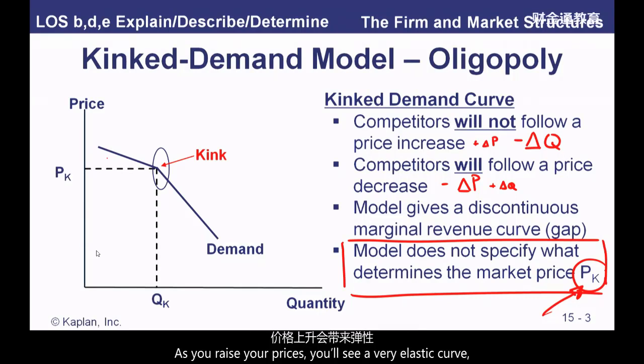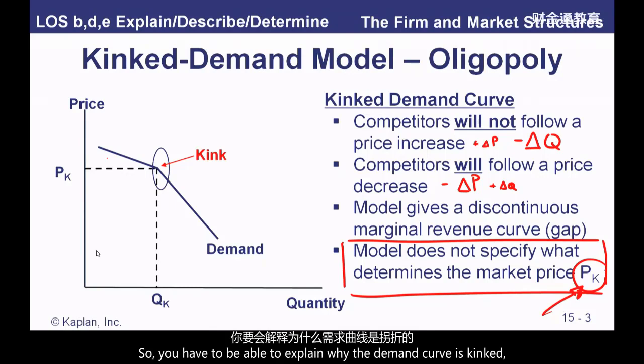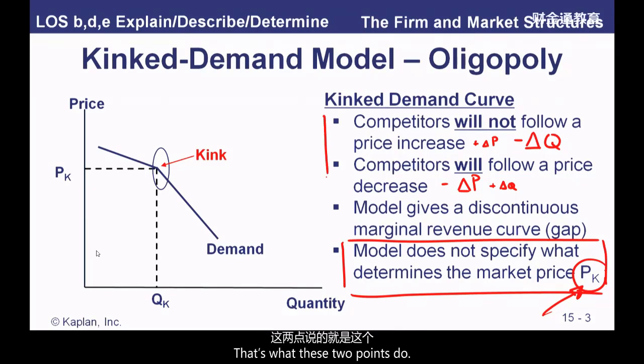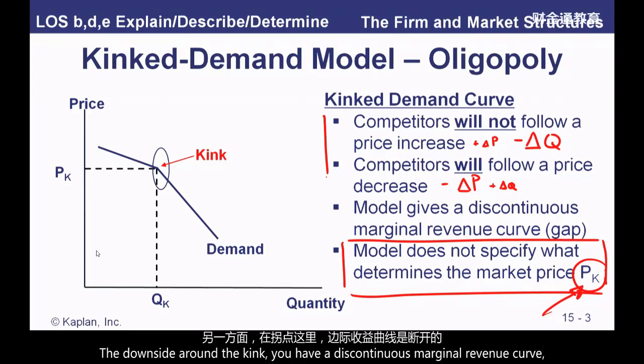As you raise prices, you'll see a very elastic curve. If you drop them, it looks inelastic. So you have to be able to explain why the demand curve is kinked. That's what these two points do. The downside: around the kink, you have a discontinuous marginal revenue curve.